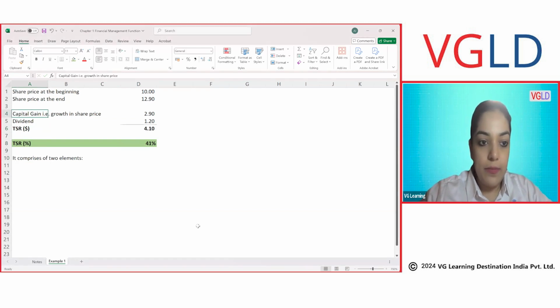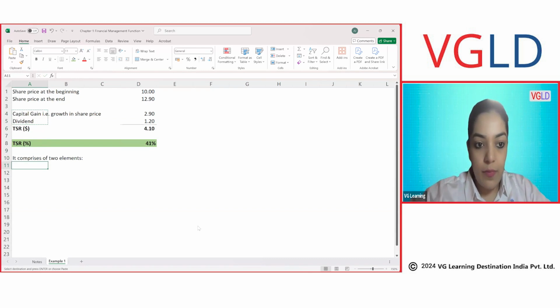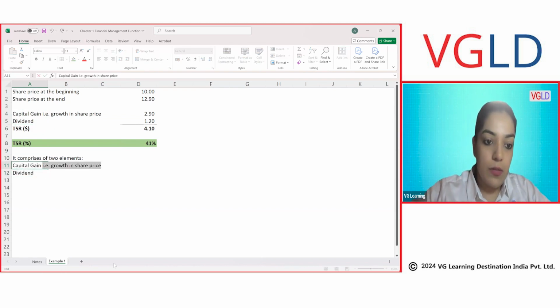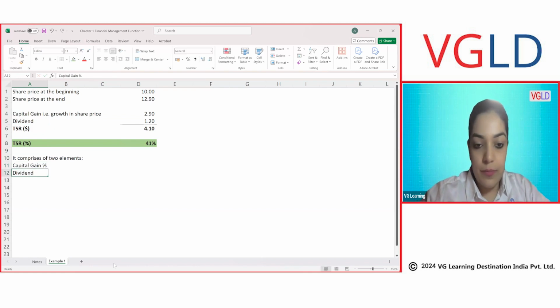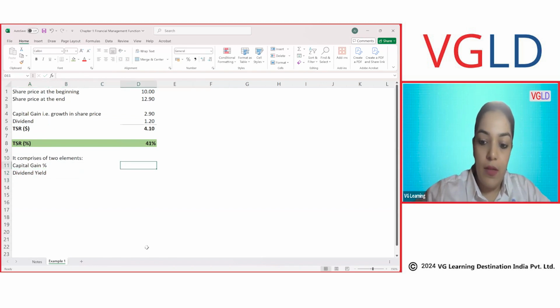One is capital gain percentage, and this is called dividend yield.